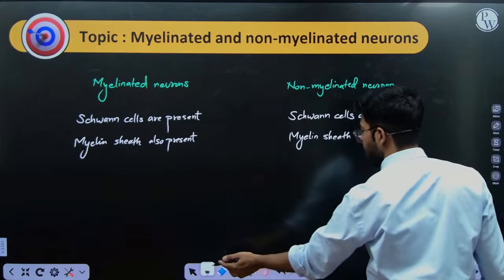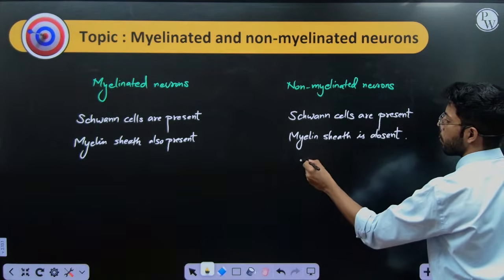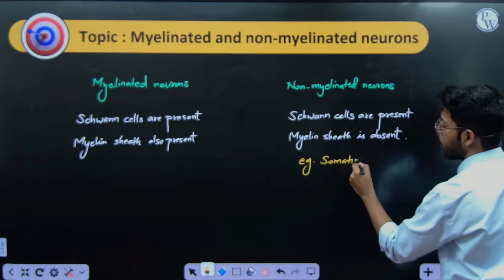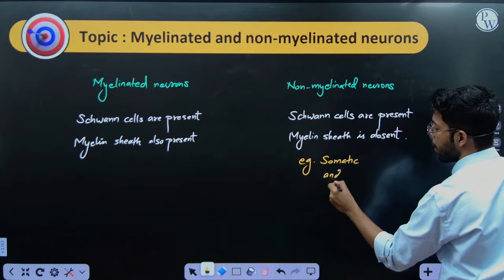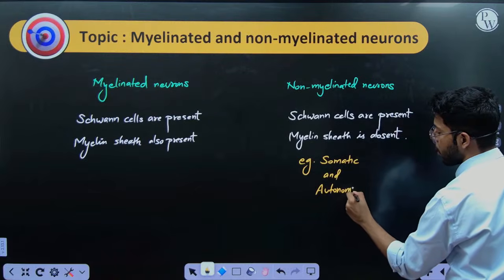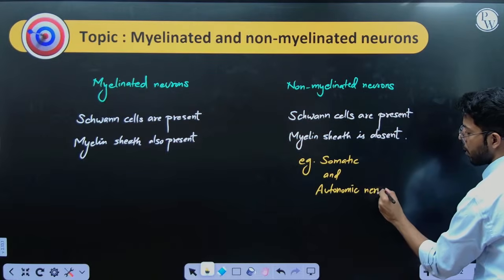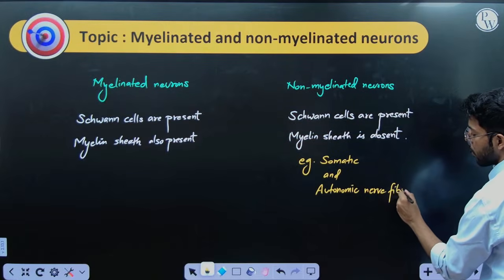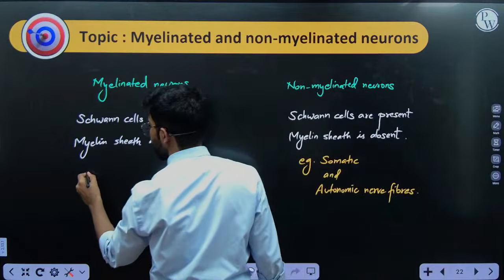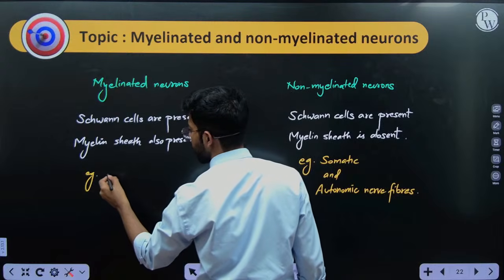Non-myelinated examples are the somatic and autonomic nerve fibers, and myelinated we have the spinal and cranial nerves.